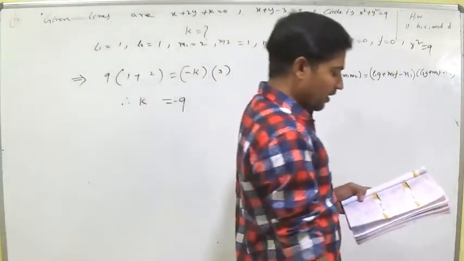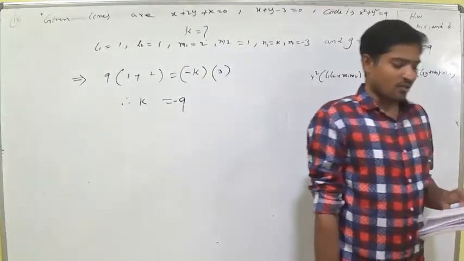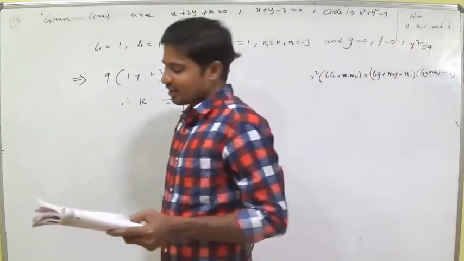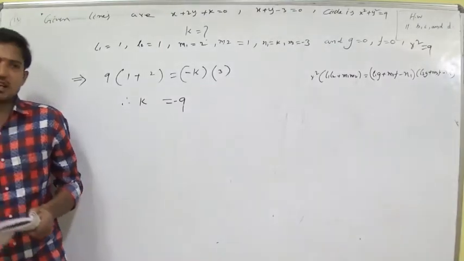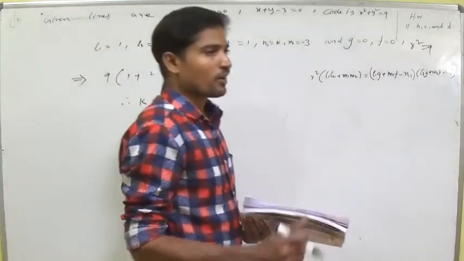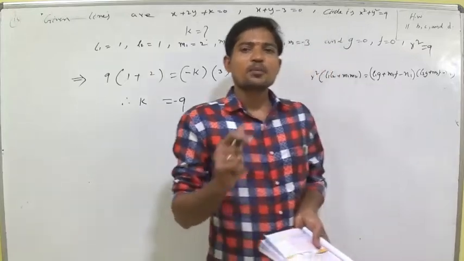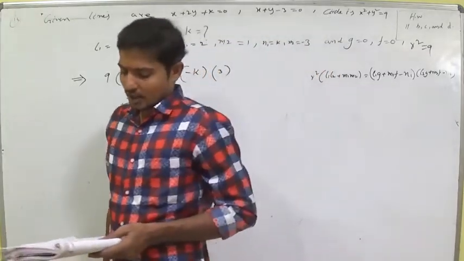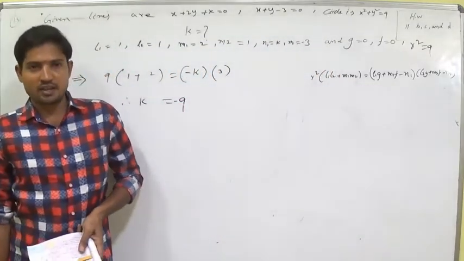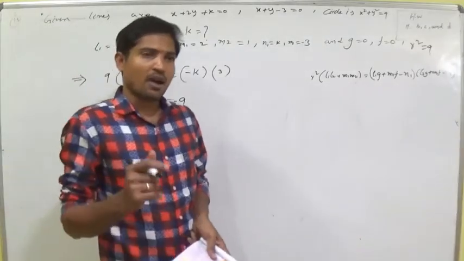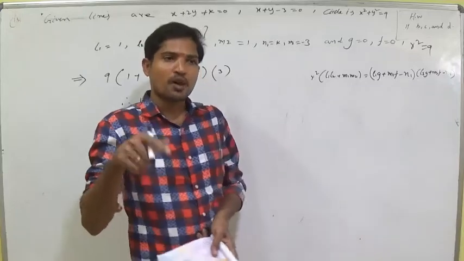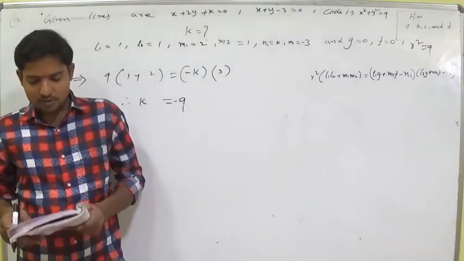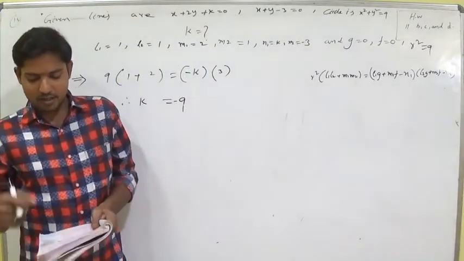The pole of the line lx + my + n = 0 with respect to the circle x² + y² + 2gx + 2fy + c = 0 is (−g + lr²/(lg + mf − n), −f + mr²/(lg + mf − n)). Substitute and use that formula, and we can get the answer for that.